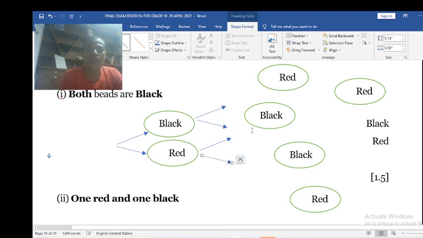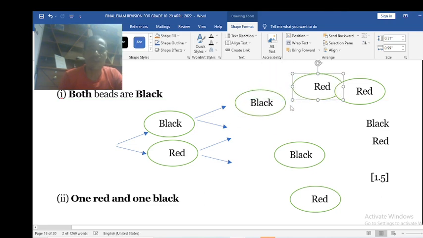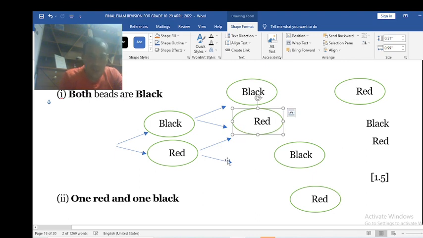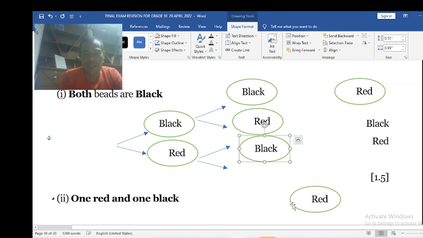Okay, now in the first toss, the first throw, I will get black, and in the second one I will get red. Okay, then for this one I will just put it here so that I can have space. Okay, then for red I will get black or I will get red.